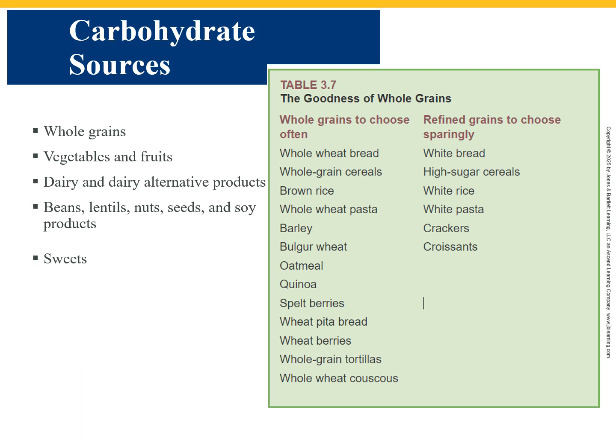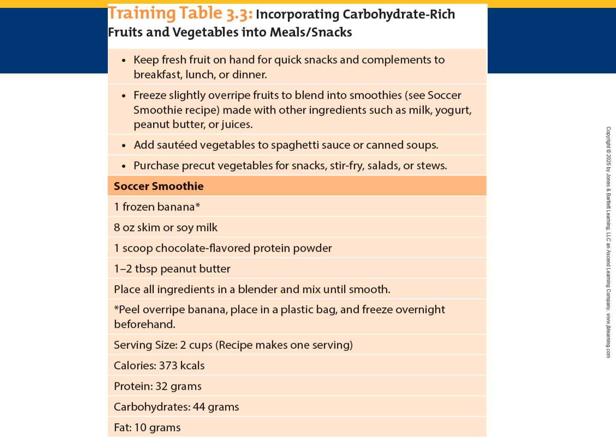Where do we get our carbohydrates? Lots of sources. There are foods that we want to have more of, and that would be our whole grains, and use sparingly our refined grains. There are a couple slides or tables in your book that I want to refer you to that have to do with how to get foods into meals and snacks.